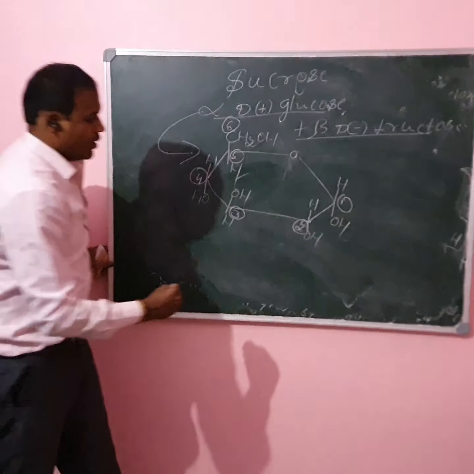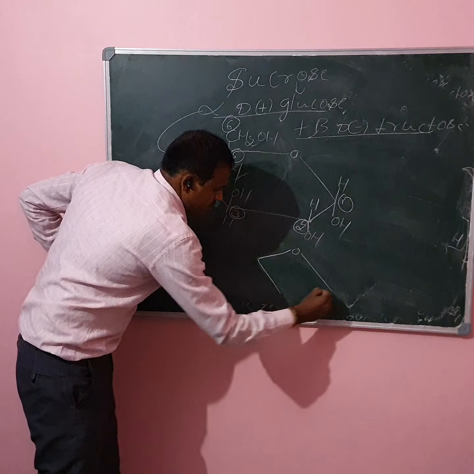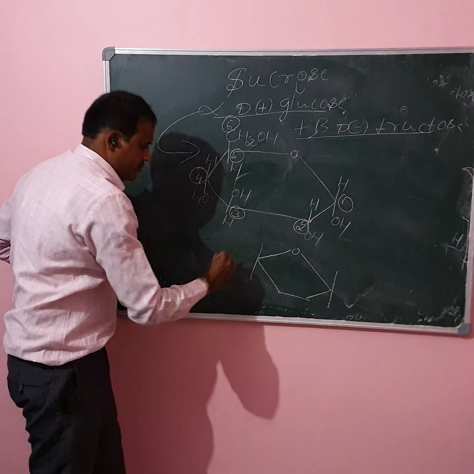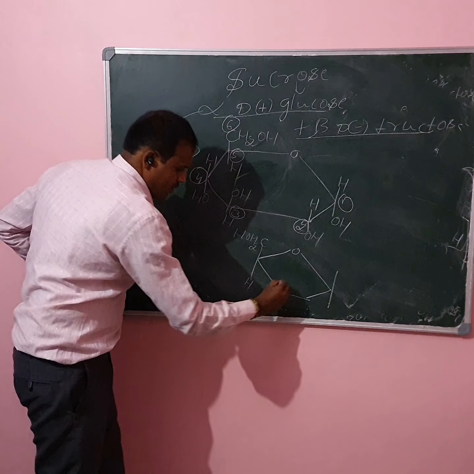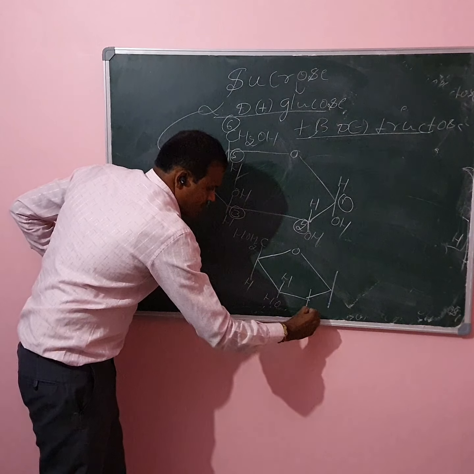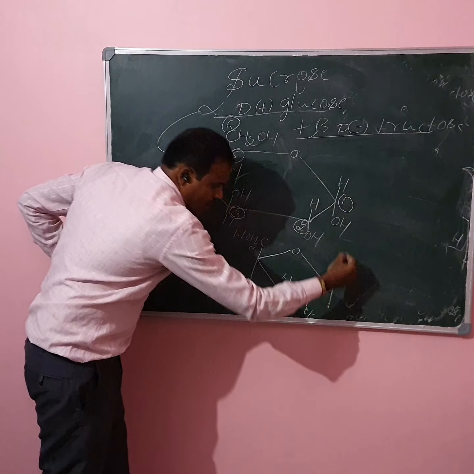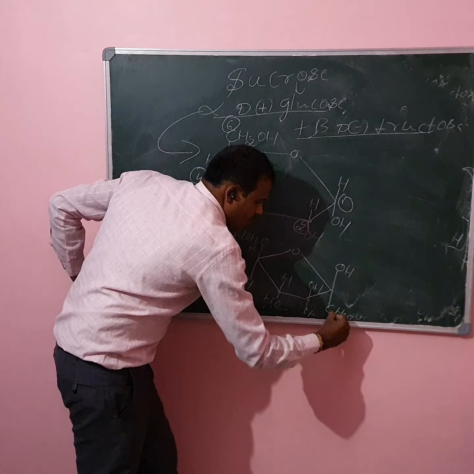Then let's go on with beta-D-fructose. HOH2C, H, then HO, H, then HOH, and opposite, you already know for beta, OH and CH2OH here.